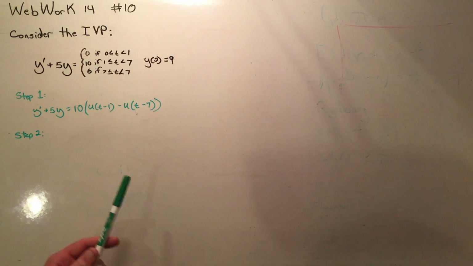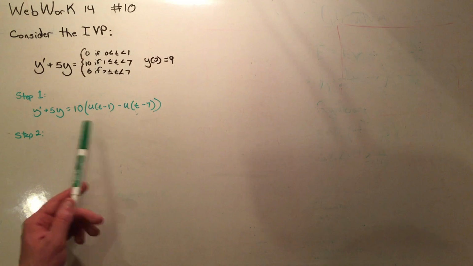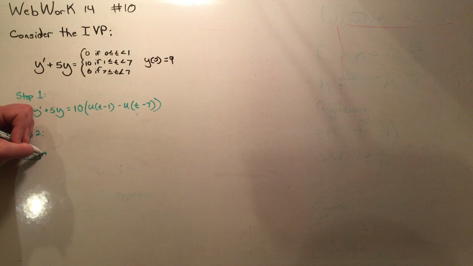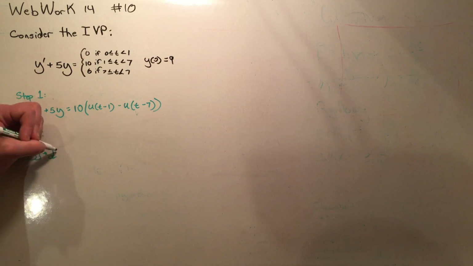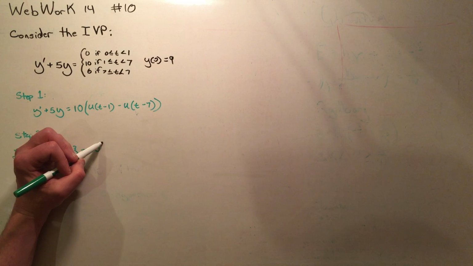So now, step 2, we're going to do two things. We'll set up the Laplace transform and take the Laplace transform. I'll also distribute the 10 out into those two values there. So we have our Laplace transform of y prime plus the Laplace transform of 5y equals 10.